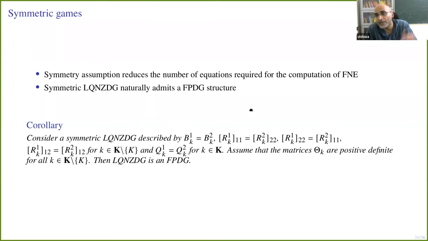That means for symmetric difference games, can we say that there always exists an optimal control problem where the solution of that optimal control problem provides the feedback Nash equilibrium of the game? Indeed, it is true that all symmetric linear quadratic difference games admit a feedback potential game structure. Basically, using the same lines of the proof, we can show that.